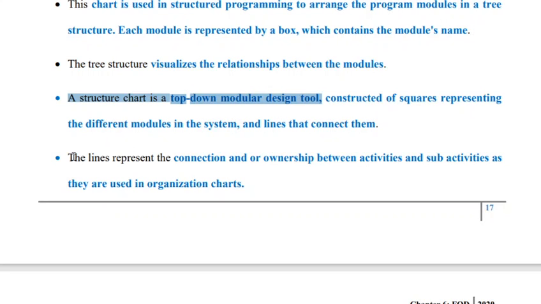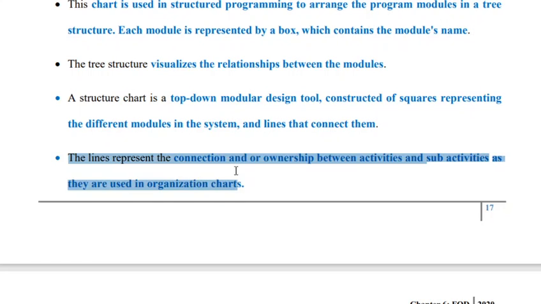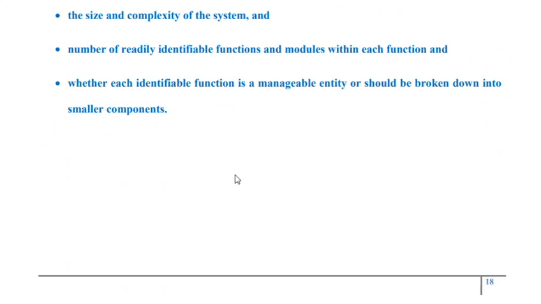The connection between the different modules shows the invocation relationship between them. The lines represent the connection or the ownership between activities and sub-activities as they are used in the organizational chart. So it basically represents the invocation relationship, right?